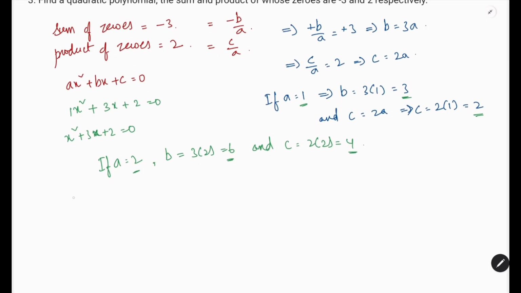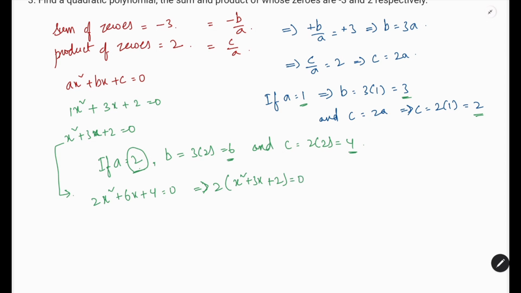So this equation can also be written as, you substitute these values in this equation. It is 2x square plus 6x plus 4 equal to 0. Now you take 2 common, x square plus 3x plus 2 equal to 0.